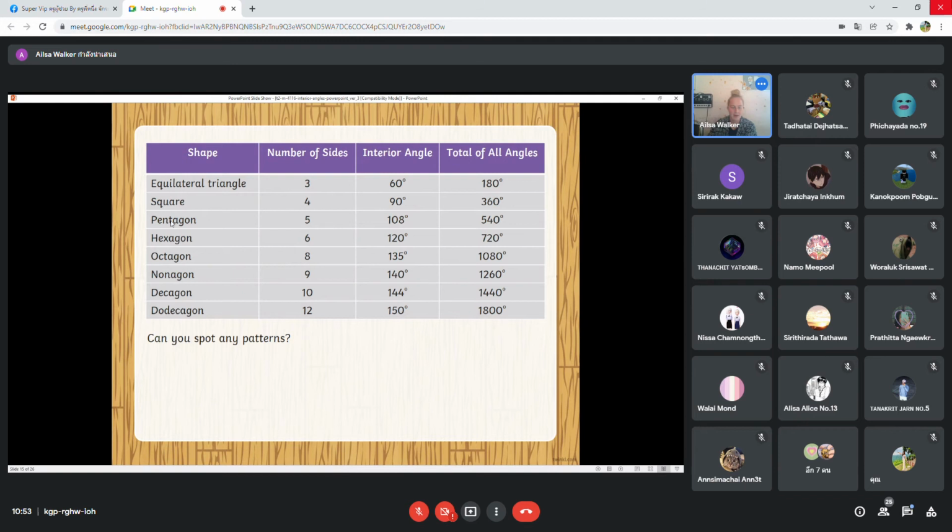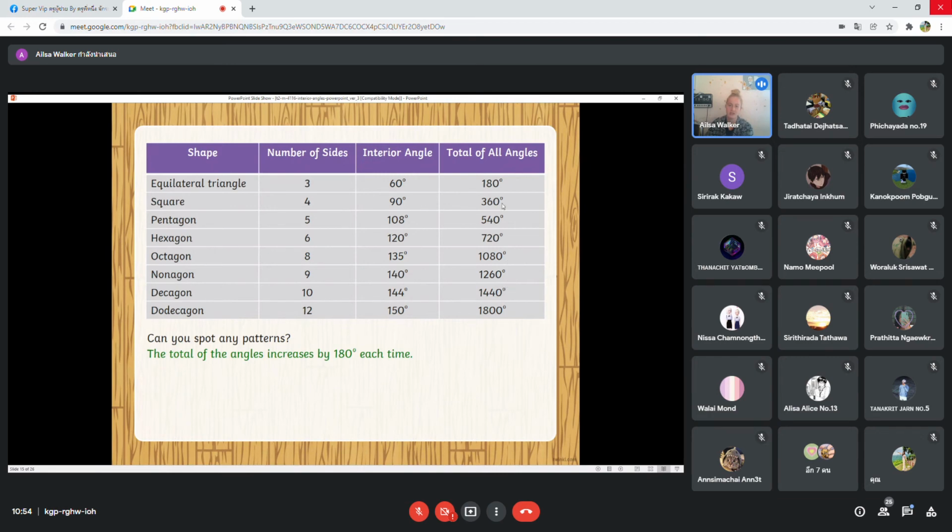How about a pentagon that has 5 sides? Each angle is 108. So altogether they add to 540. Okay, and so on, okay? So you multiply the number of sides by the interior angle, then you can get the total.